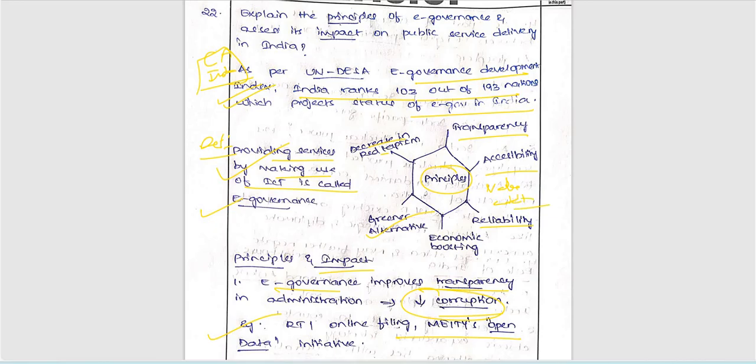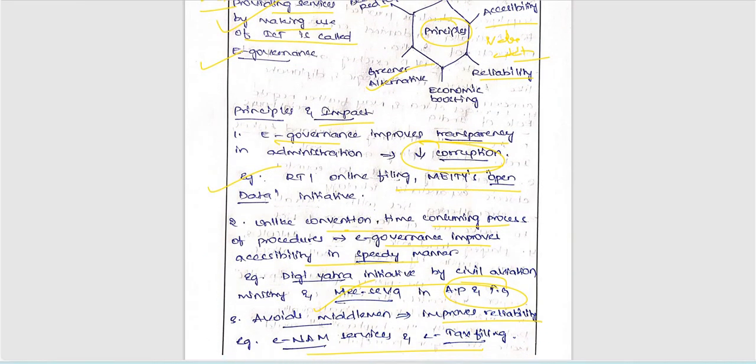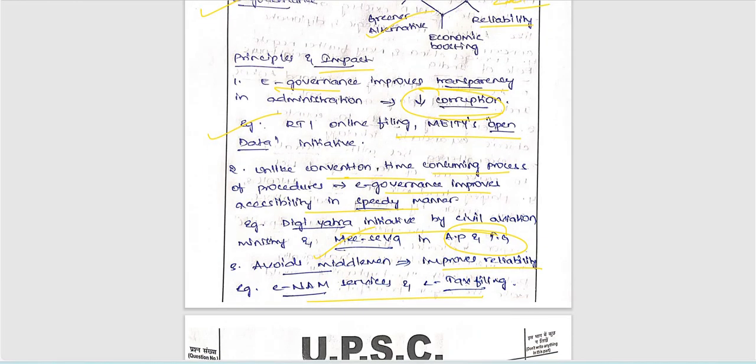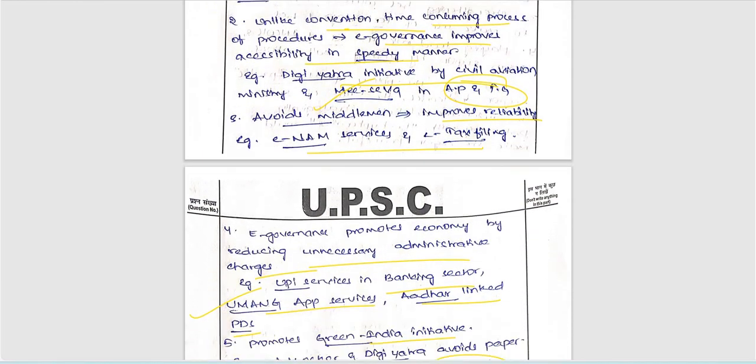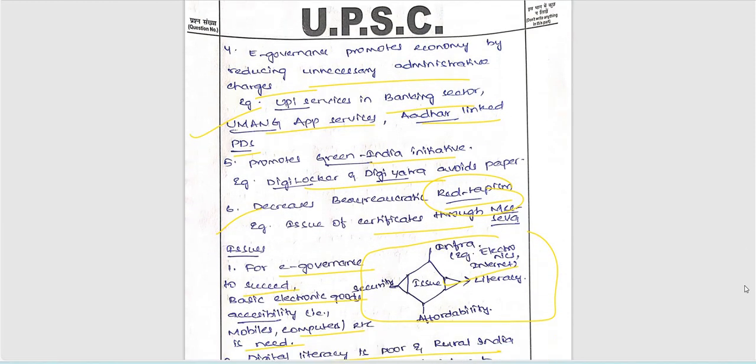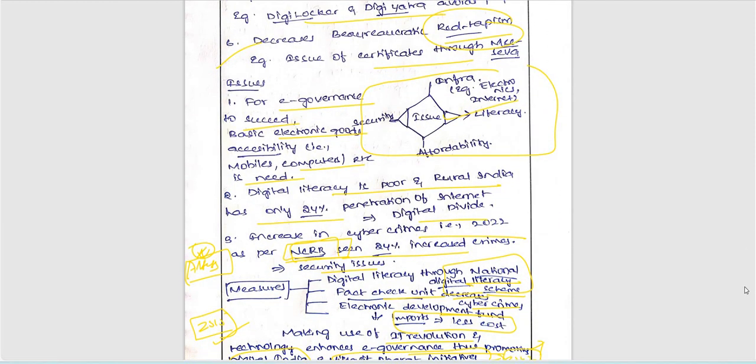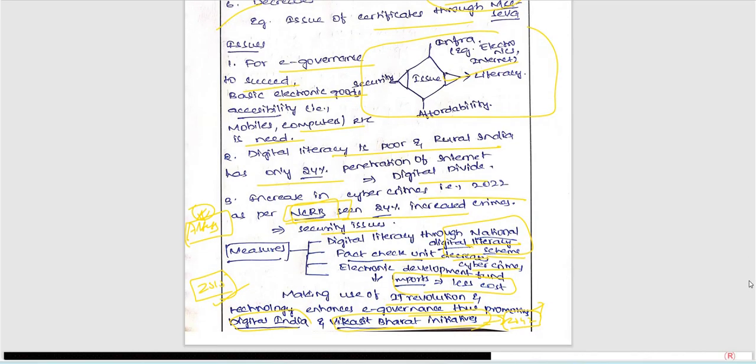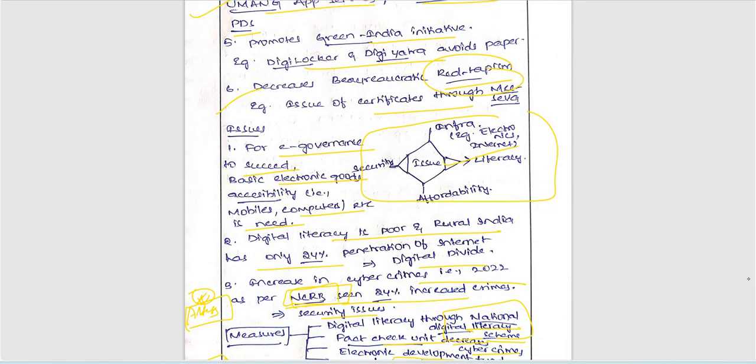Very good. We can give marks for these types of diagrams or presentation purposes: diagrams, tables or graphs. Principles and impacts are also included here with different recent applications or services. Other than that, issues and measures are also included. For example, in the measures or issues, we can include the Digital Personal Data Protection Bill 2023.